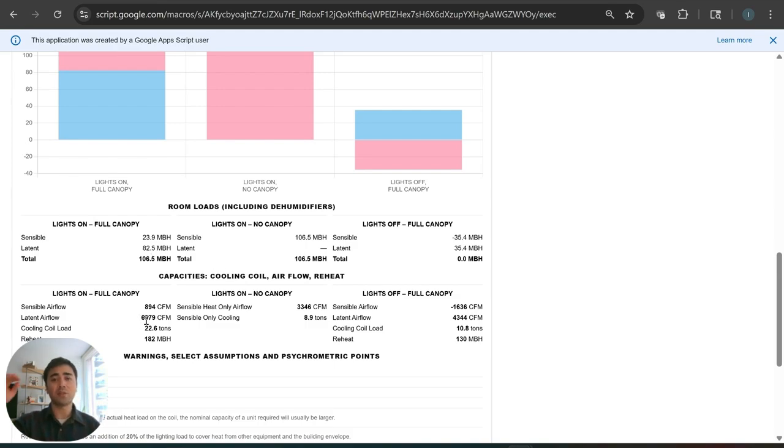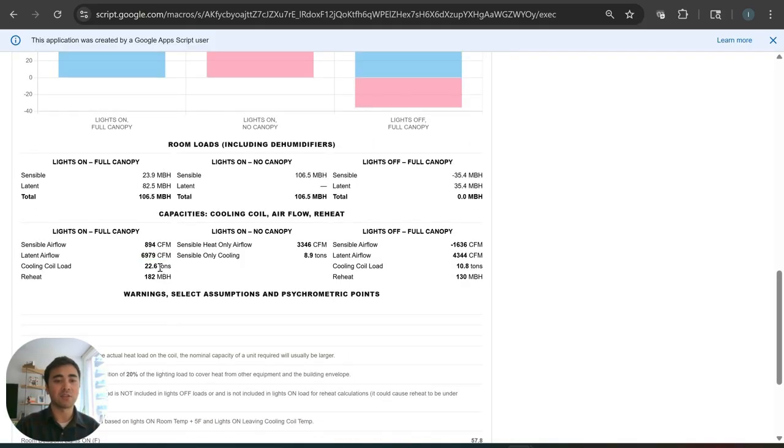The tool uses the room condition of 75-55 and the leaving cooling coil condition of 50 degrees and saturated to calculate how much airflow is needed to remove this sensible load, 894 CFM, and how much airflow is needed to remove this latent load, 6,979. And then it uses the larger of those 2 airflows to calculate the cooling coil load.